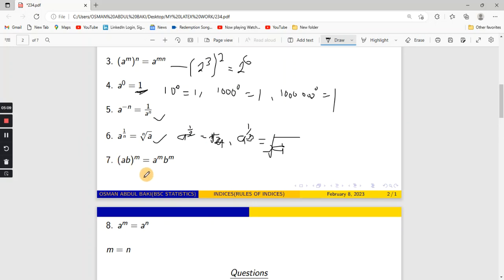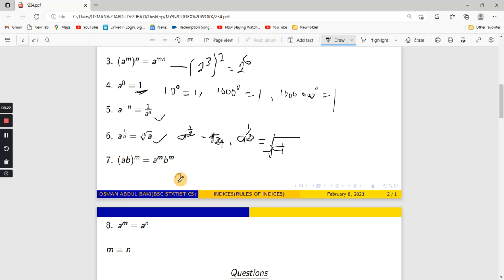Now let's come to property 7. The property 7: a times b, all raised to the power m. Each and every term will be raised to the power m.